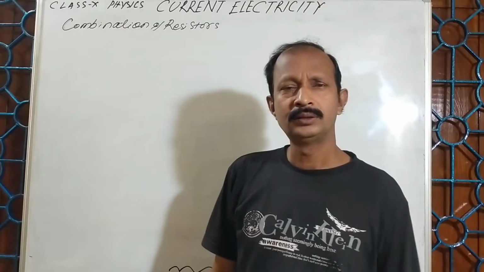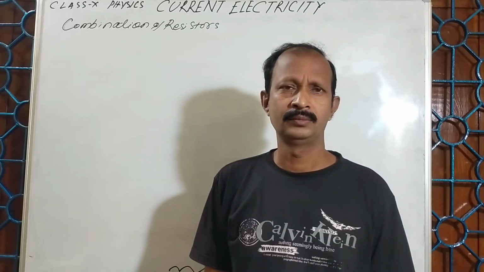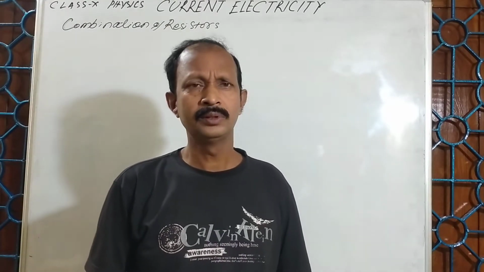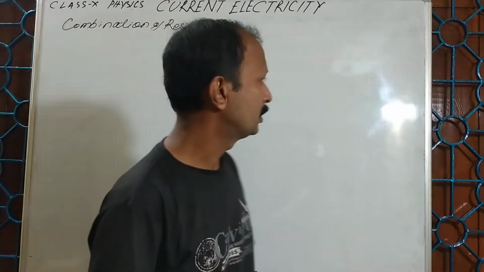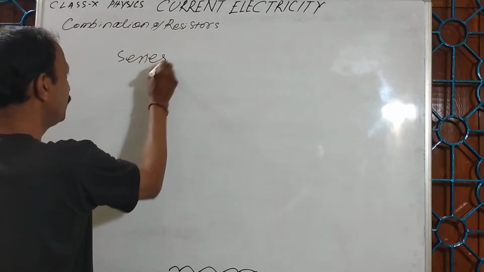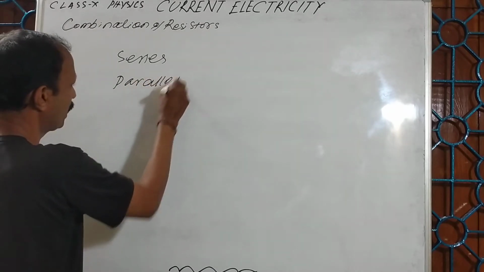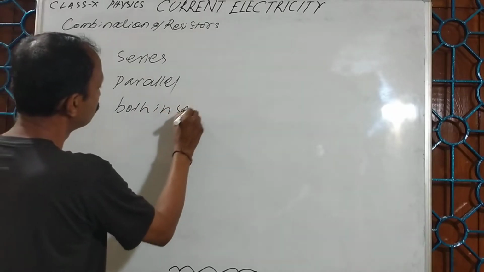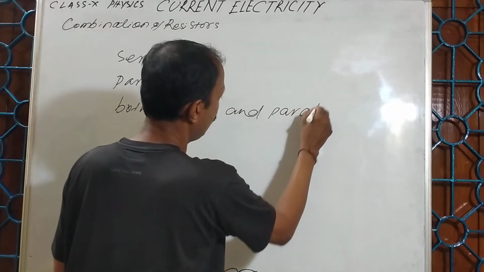If you need some desired, some specific amount of current, we have to combine the resistors, and the combination may be in series, may be in parallel, or may be both in series and parallel.